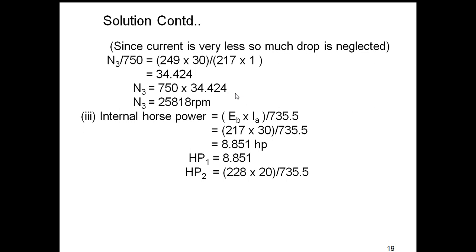And the HP2, we'll get the HP2 as EB2 into IA2 by 735.5. That is 228 into 20 by 735.5. That is 6.2 HP.